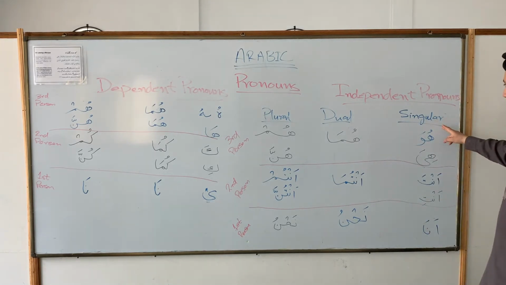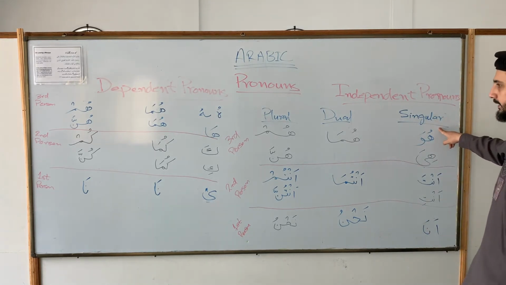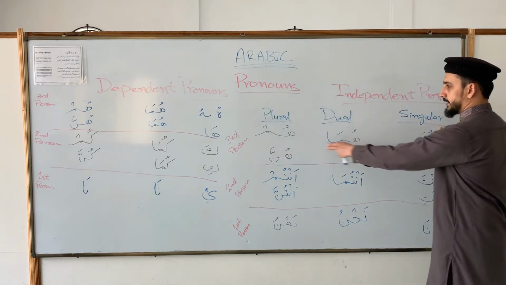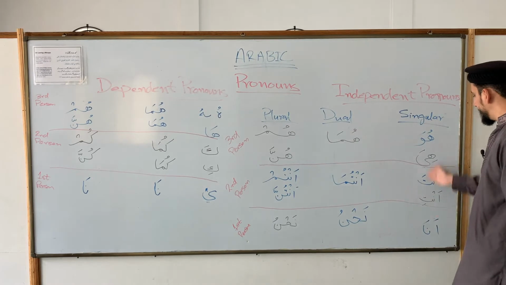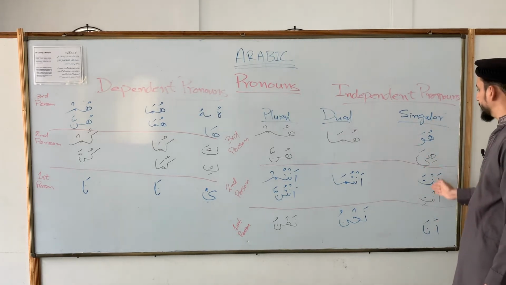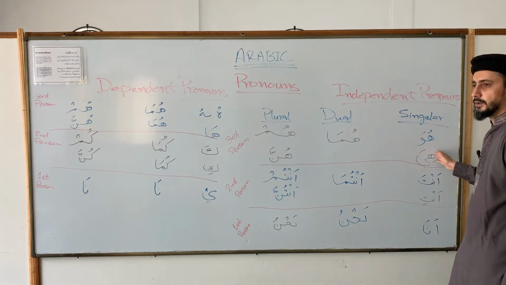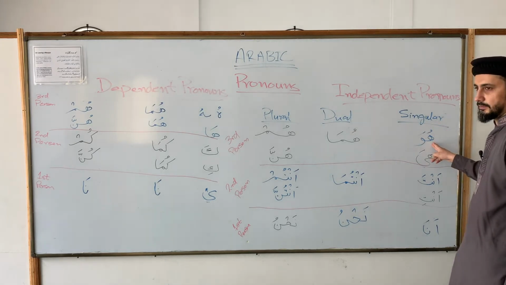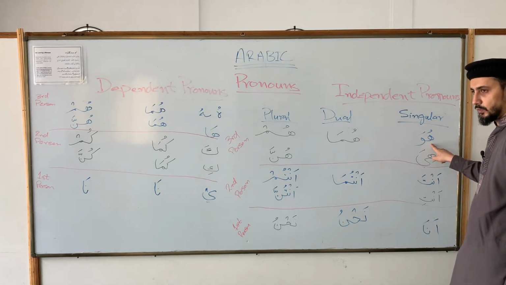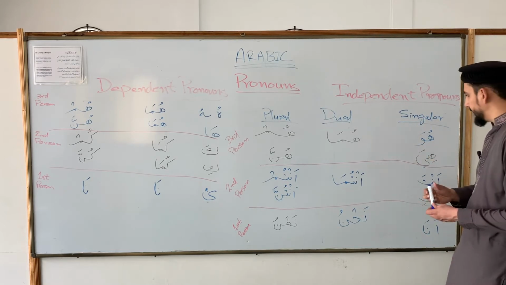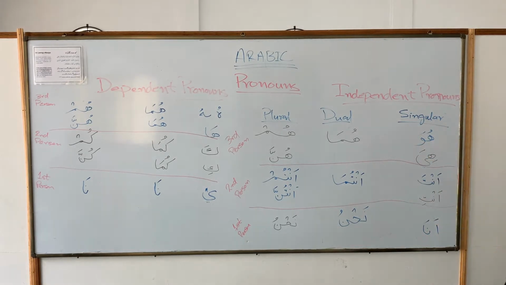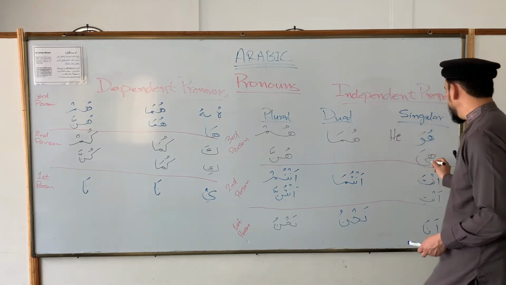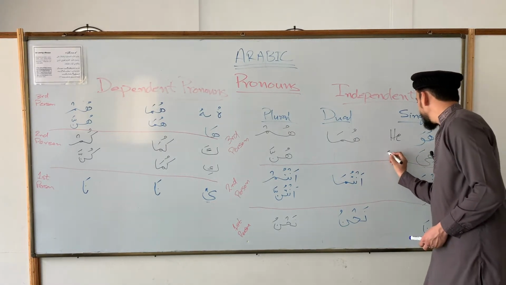Okay, now coming to the singular group in the third person. This row is for the third person and this column is for the singular. So in singular, the third person is huwa, meaning he. Huwa always means he. Hiya means she.